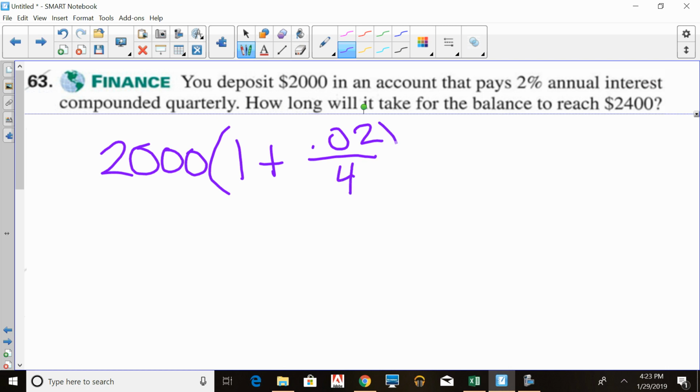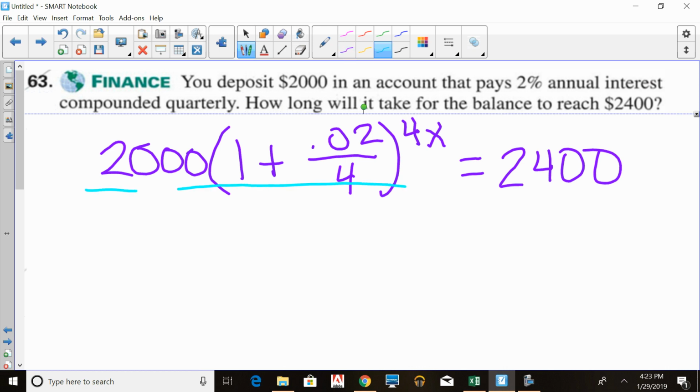Now it's quarterly, so that's 4x for the exponent, and that equals 2,400. So now we have to solve for x. Divide by 2,000.